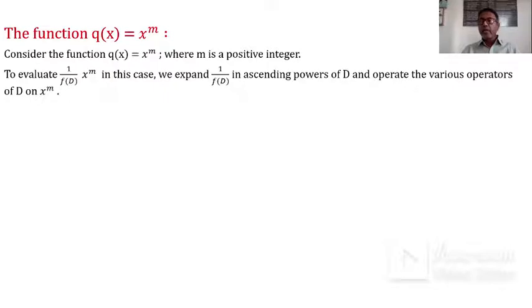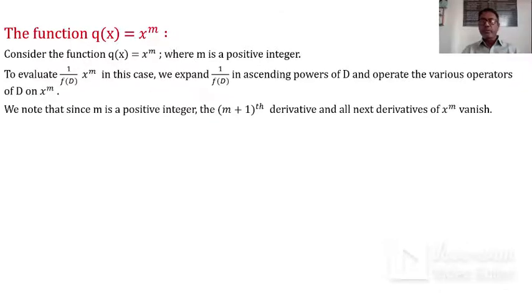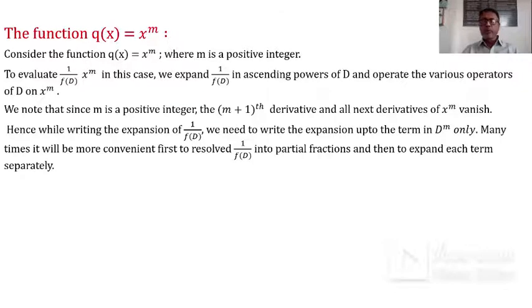We know that m is a positive integer. Therefore, the mth derivative of x to the power m is constant, and the (m plus 1)th and higher order derivatives of x to the power m vanish, that is, are 0.